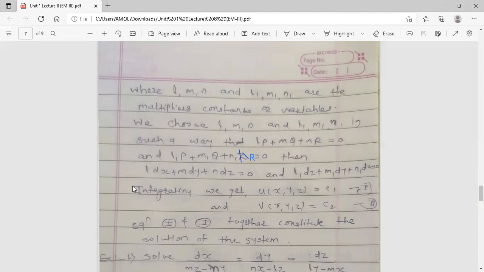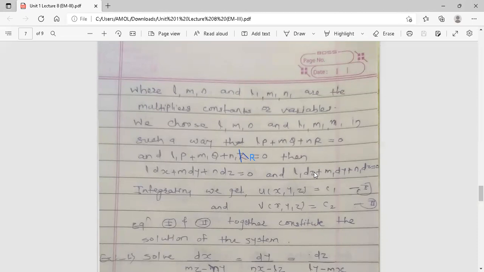Now the variables are separated. Integrating, we get the first solution u(x, y, z) equal to C1. And for the second equation, L1 dx plus M1 dy plus N1 dz equal to 0.